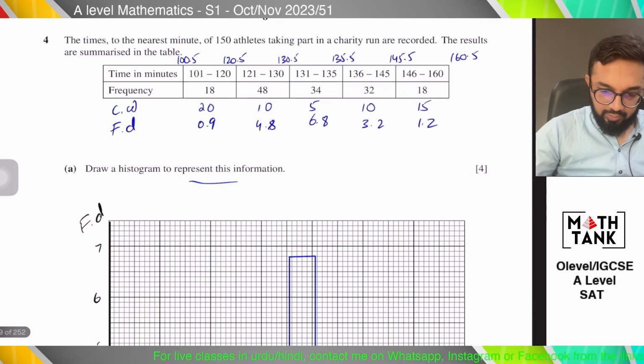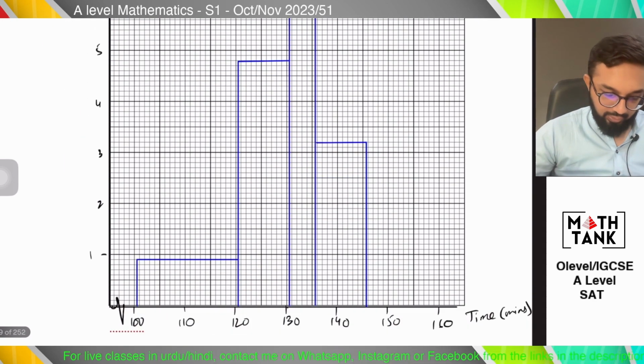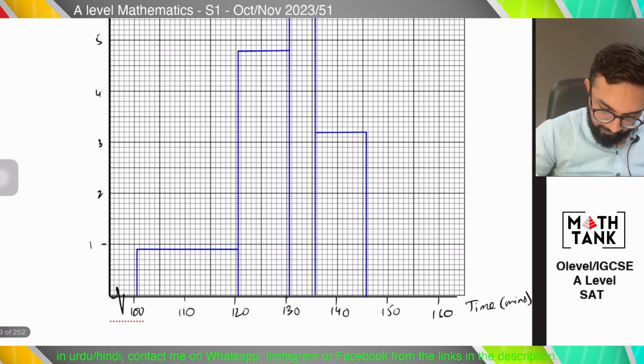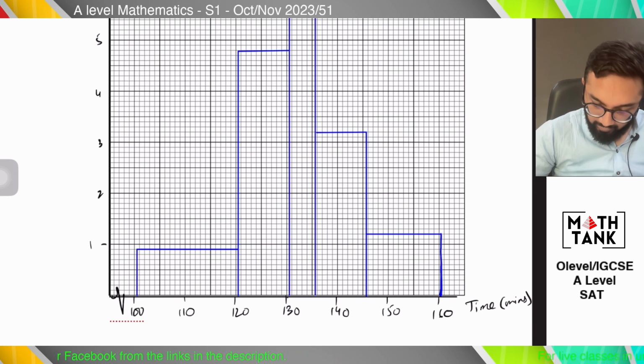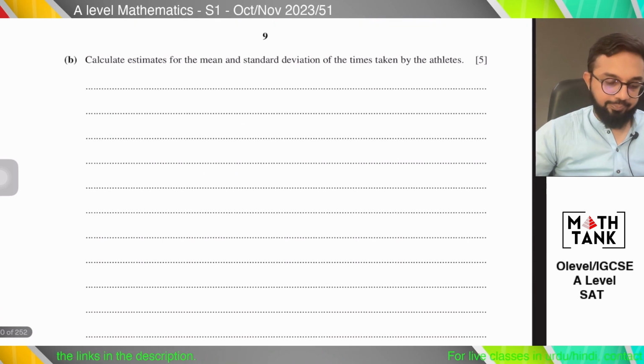And then the last one goes to 160.5 with 1.2. That is what your histogram should look like.